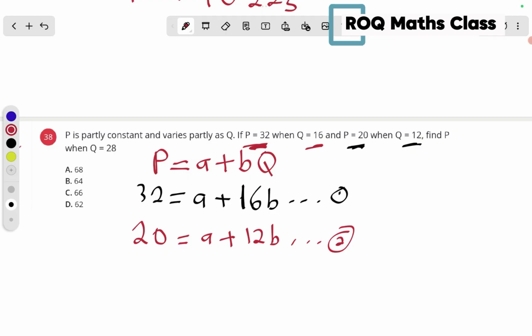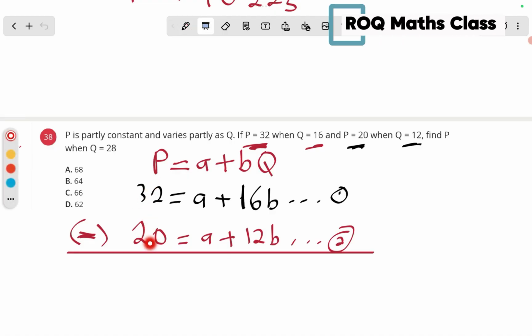Now to get the value of B, we have to eliminate, that is, I have to subtract equation 2 from equation 1. So by doing that, we are going to have 32 minus 20, that is 12 equals A minus A, we have 0.